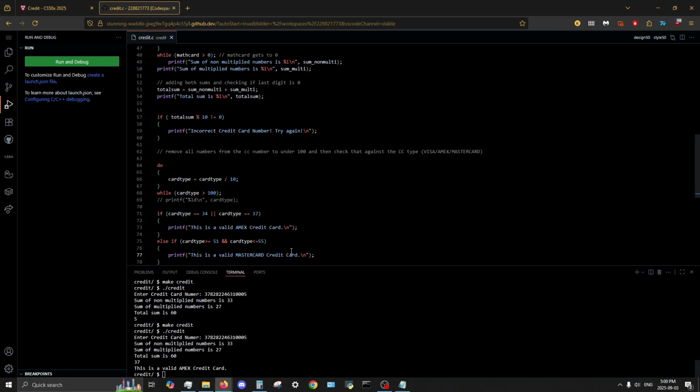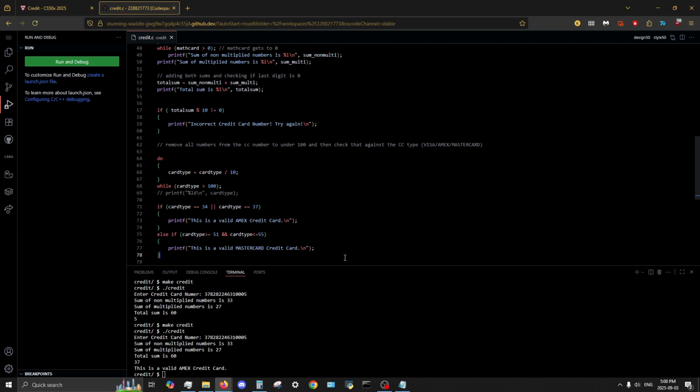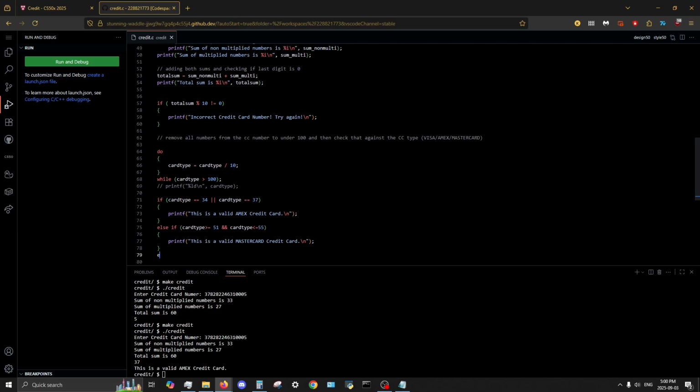All Visa starts with a 4. So then you do else if card type divided by 10 is equal to 4? Is that a valid statement?